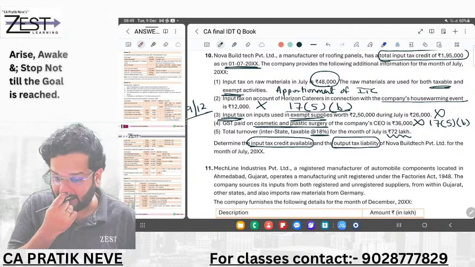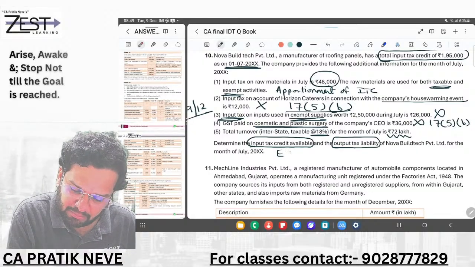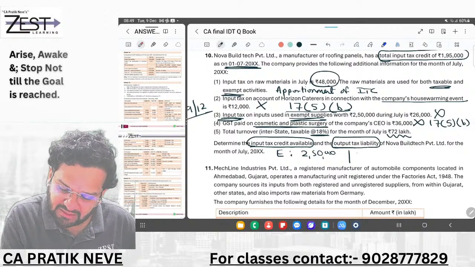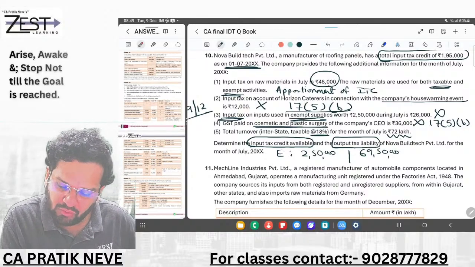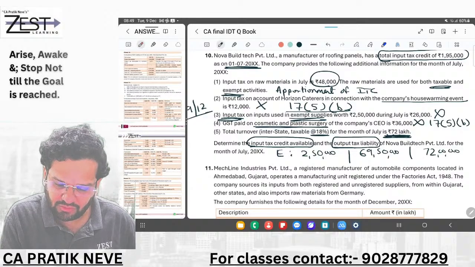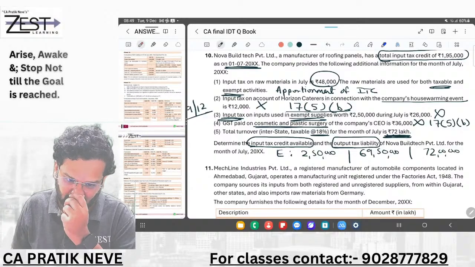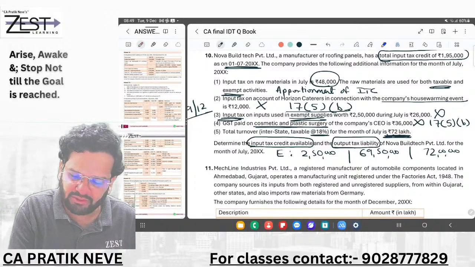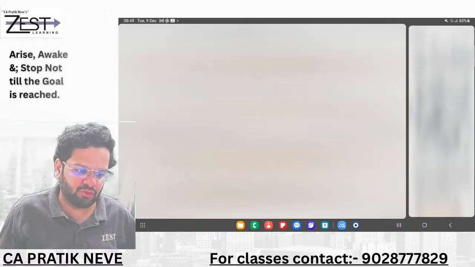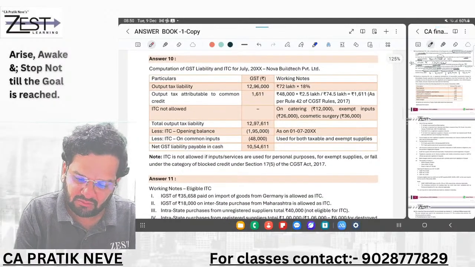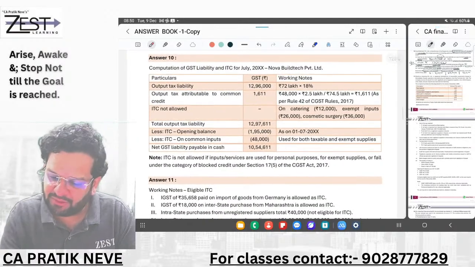So I can see that my exempt supplies are 2,50,000 and my taxable supplies will be 69,50,000 because my overall turnover is 72 lakhs. That's what I have understood. Acha, acha. So only interpreting the facts is the main issue in this question.